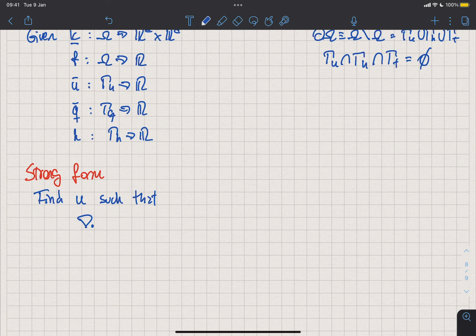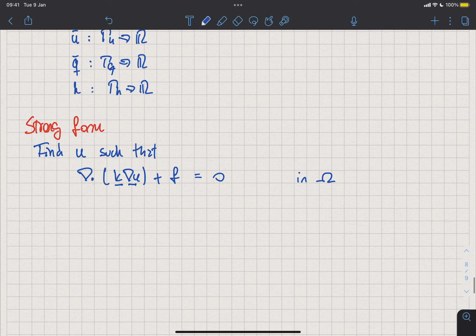You can also use div. So the divergence of K, which is a tensor applied to a vector, and if you remember, a tensor applied to a vector produces another vector. And therefore, this whole quantity here is a vector. When I apply the divergence, I get a scalar, and then I add a scalar field F, which is our heat source, is equal to 0, and this has to be valid in omega.